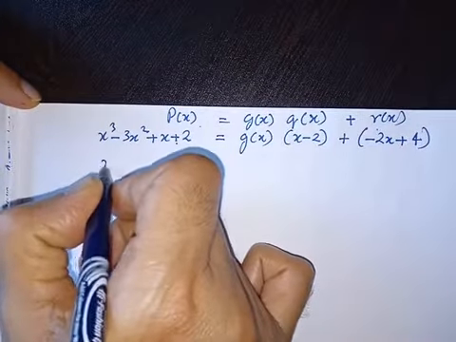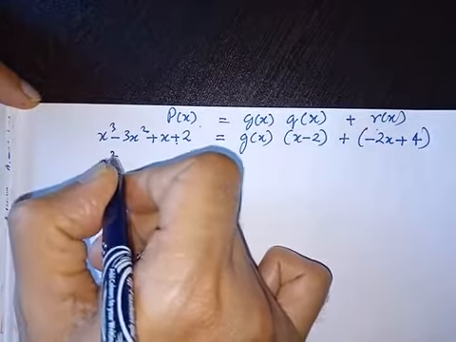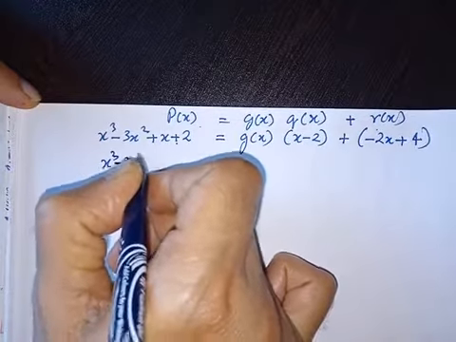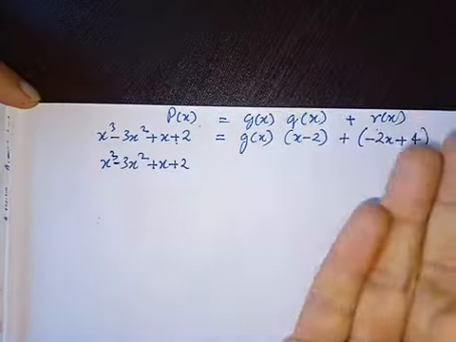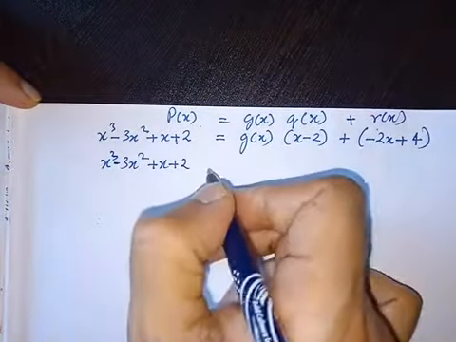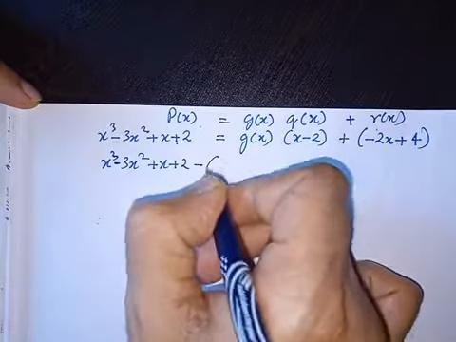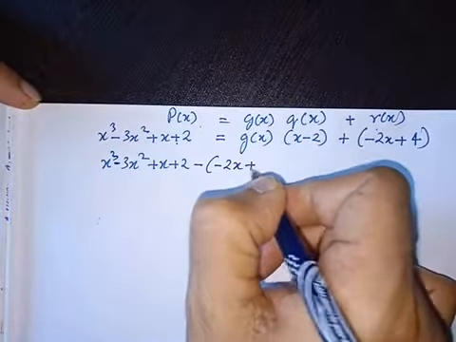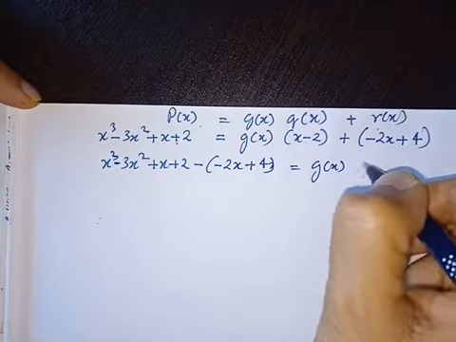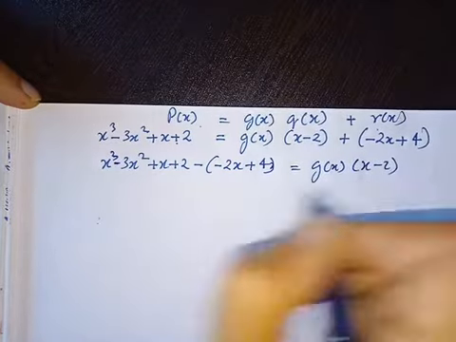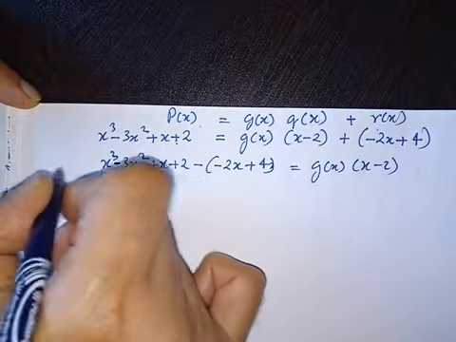For that we will be solving this equation, x cube minus 3x square plus x plus 2. Now transposing rx to the left hand side, minus of minus 2x plus 4 is equal to gx into x minus 2.